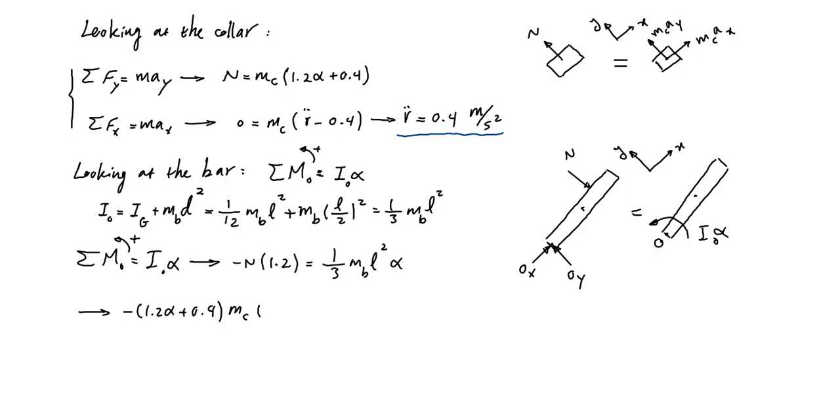And then we have that equal to 1 over 3 MB L squared alpha. From there, we can solve this. You know MC. MC was given, that was 6 kilograms, and MB was 2 kilograms. So we know both of these, and we can get alpha out of this equation now. From there, you can find the angular acceleration of the bar.